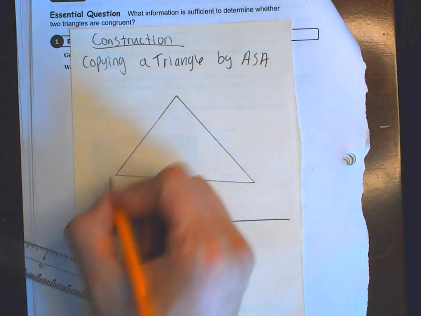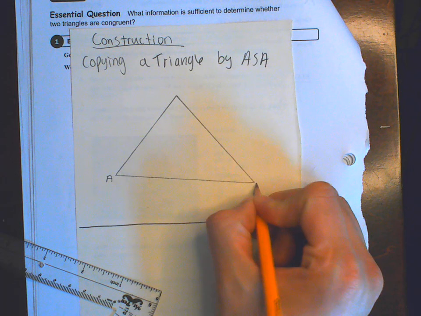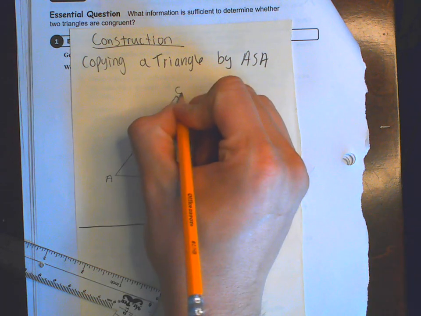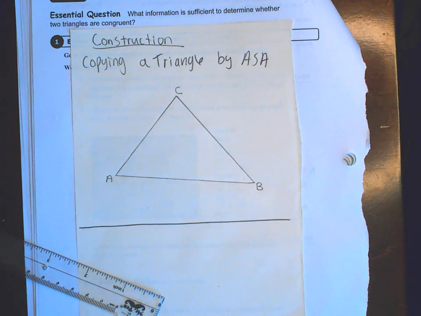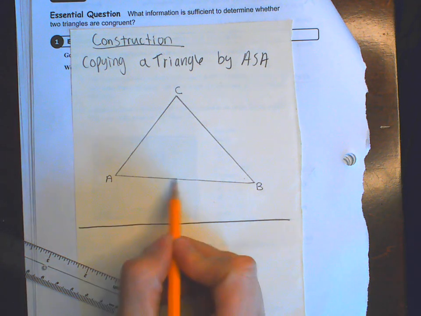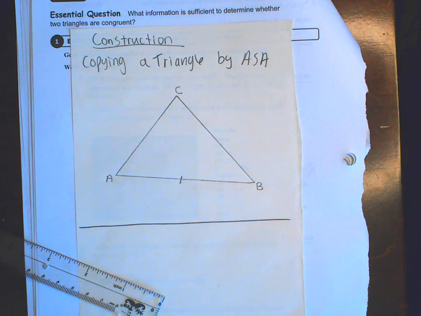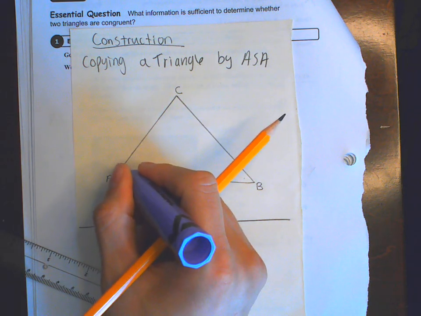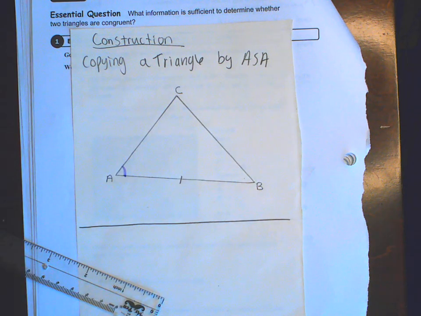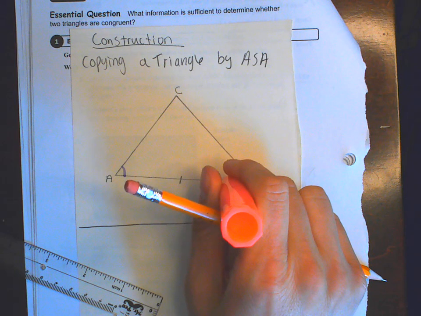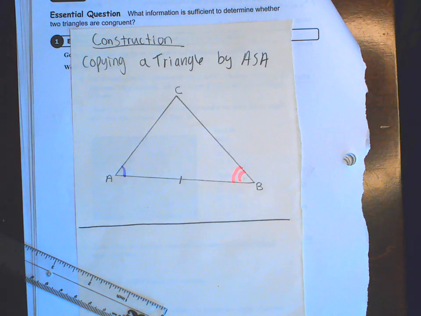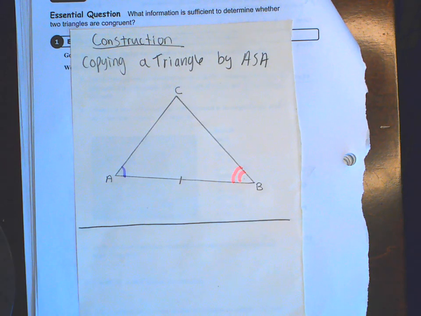We're going to call this triangle A, B, and C. What we're going to do is copy this side here along with this angle and this angle. So the first thing we're going to do is copy segment AB.